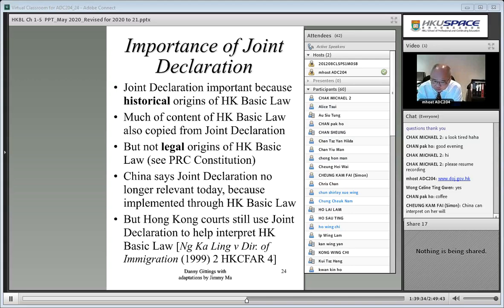However, within the common law system, a legal document such as the Joint Declaration will not be ruled out as something that the court cannot consider. Under common law, basically general principles, anything relevant could be placed before the court, and then for the court to decide what legal effect, if any, this legal document should have.